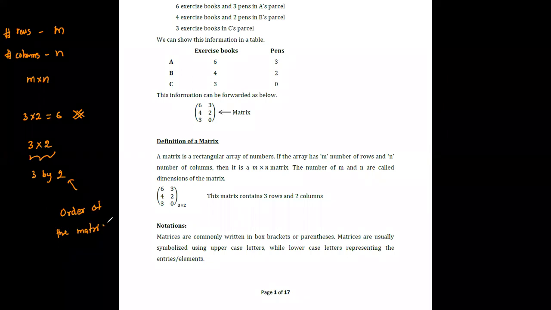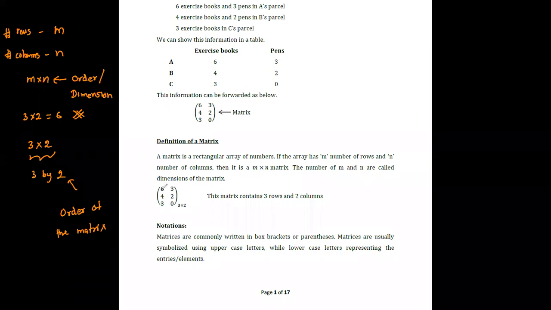Therefore, if you can identify a rectangular array of numbers having m number of rows and n number of columns, then such an arrangement can be considered an m by n matrix, and we say that m by n is the order of the matrix, or the dimension of the matrix.